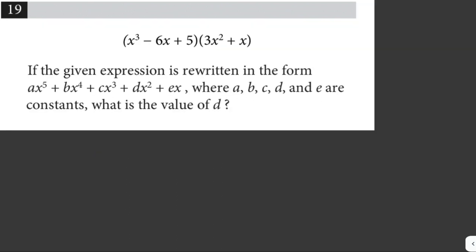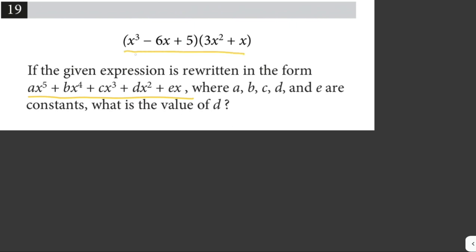Right, let's solve another problem. If the given expression here is rewritten in the form ax to the fifth plus bx to the fourth plus cx cubed plus dx squared plus ex, where a, b, c, d, and e are constants, what is the value of d? So we're given here this expression.